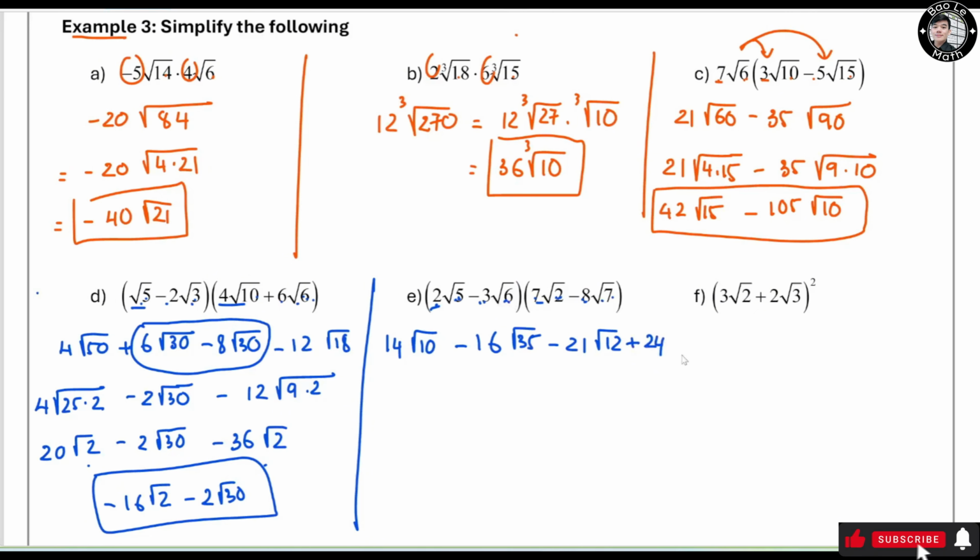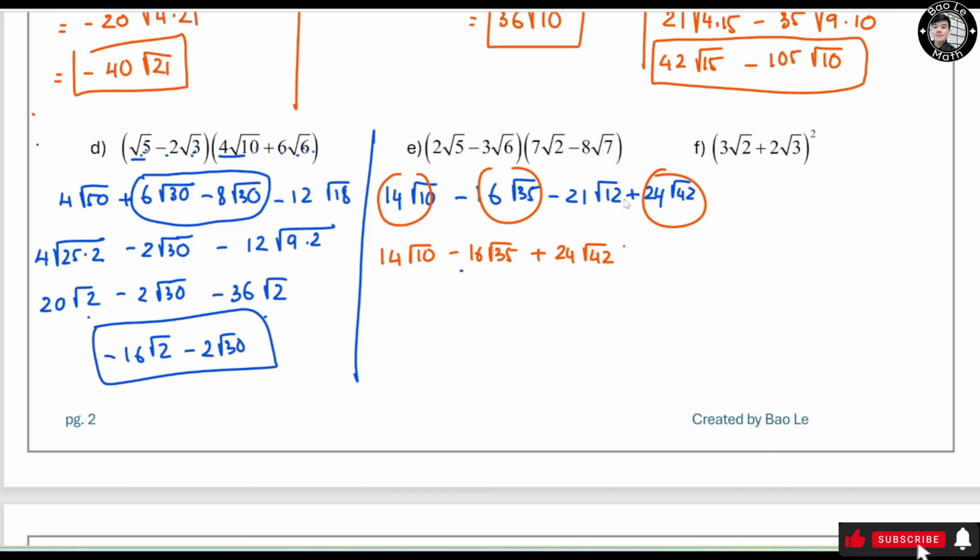Root 6 times root 7, it could be root 42, right? Now this guy, and this guy cannot be simplified, so we just copy them down, right? 12 can be written as root 4 times 3. Bring 4 outside, it could be 2. 2 times 21 is going to be 42, so it could be negative 42 root 3, right?